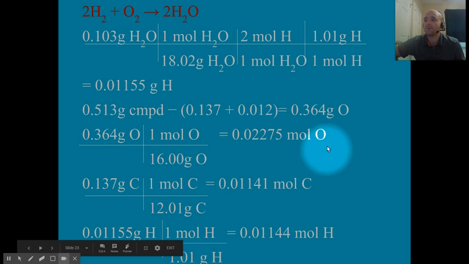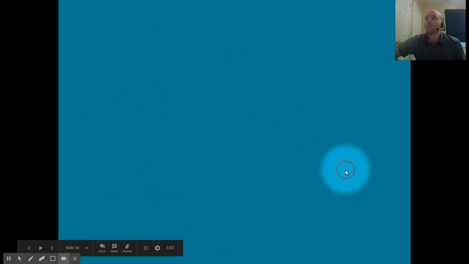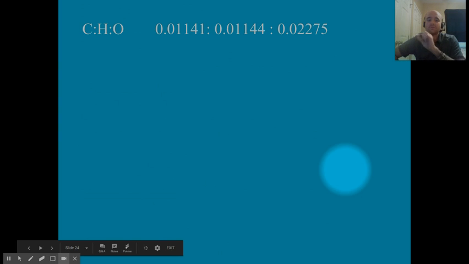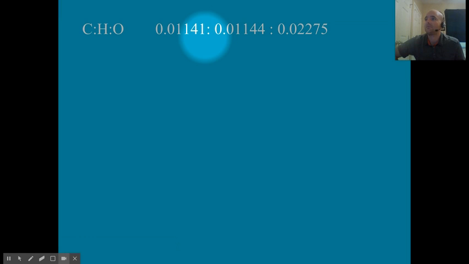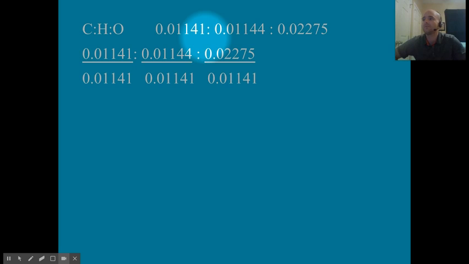So let's go ahead and put those into a ratio now. When we have our ratio of C, H, O, we will now find that these ratios are listed as above. I got these numbers from the previous screen, and these are the moles. Now I will divide by the smallest number, which will bring me to a ratio of 1 to 1 to 1.98.